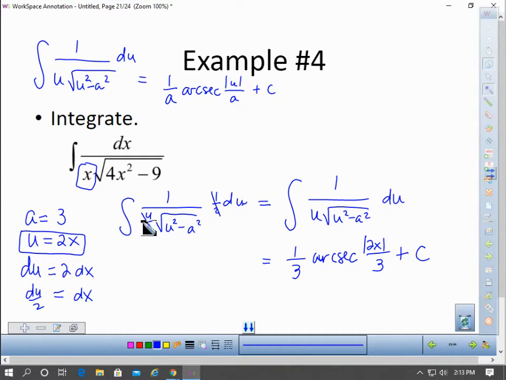So I replaced my x with that, and then I put in the u here, put in the a here, because that's a squared, that's u squared. And then when I put in the dx was 1/2 du, that made this 1/2 cancel with this 1/2 here. And so that left me with just u in the bottom, which made it match perfectly with the rule. So everything turned out just perfect. Once I substituted and canceled, I was able to get the rule to match beautifully.